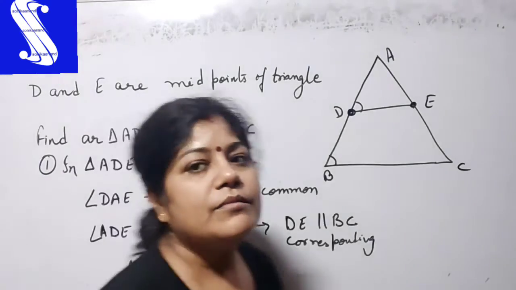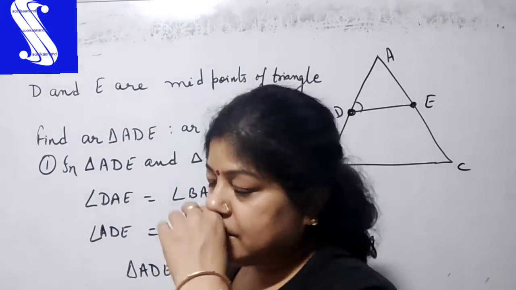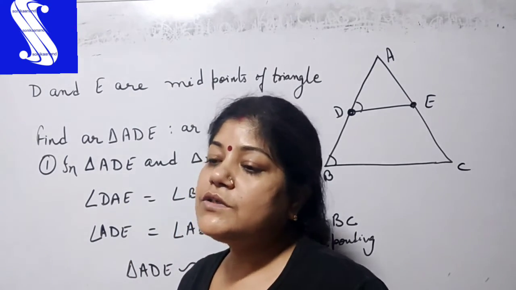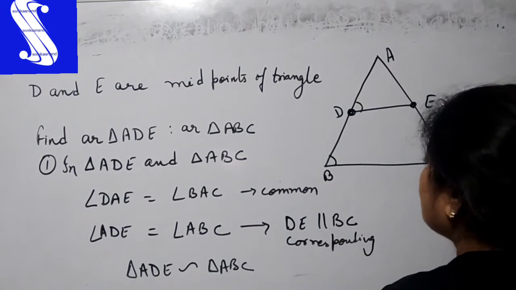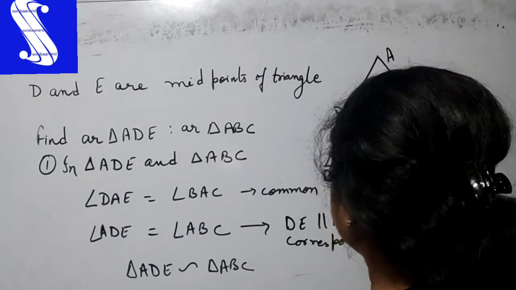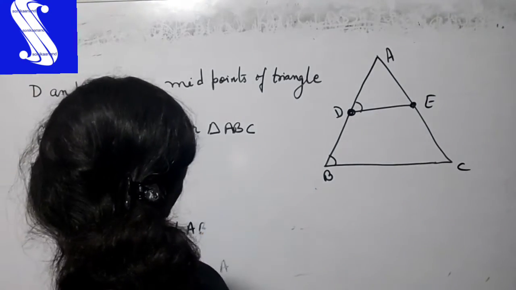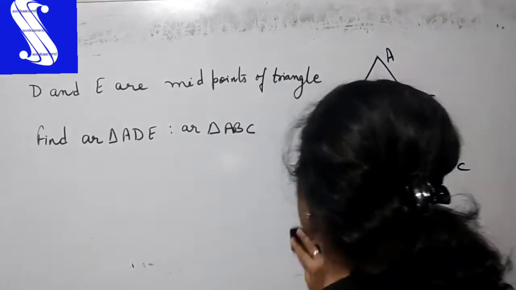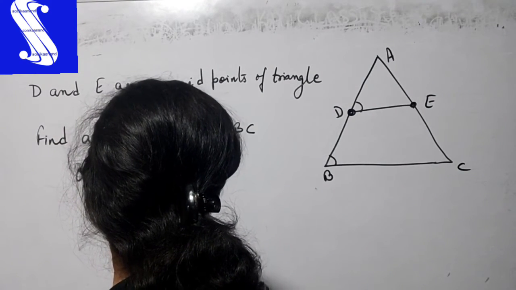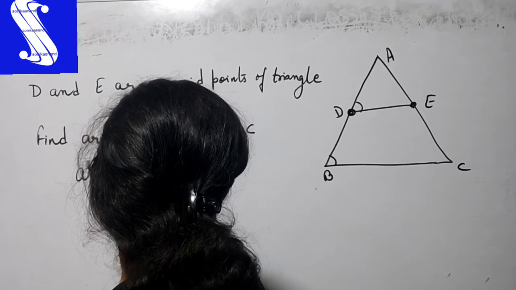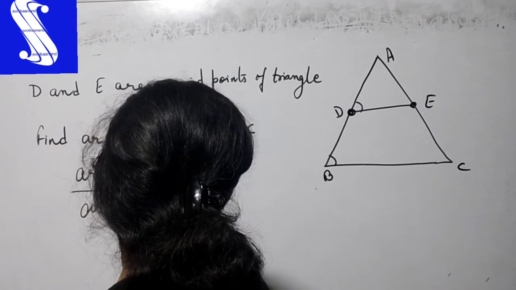Now there is a theorem, if two triangles are similar, then ratio of their area is equal to the ratio of the squares of their sides. Okay. So now we can write, from the area theorem, area of triangle ADE over area of triangle ABC.